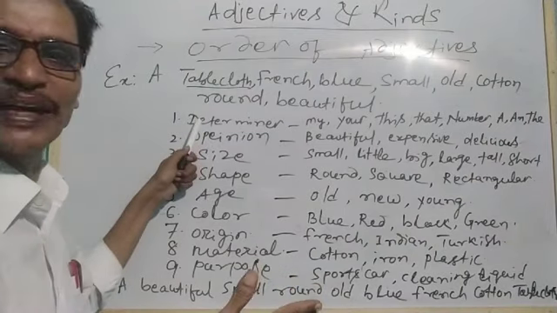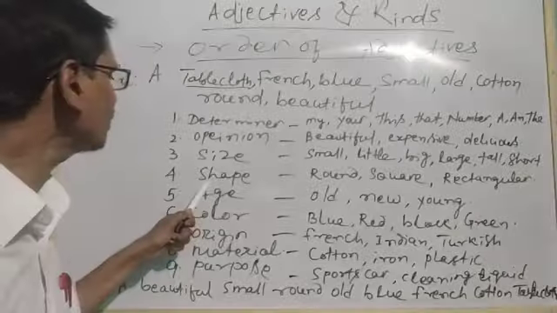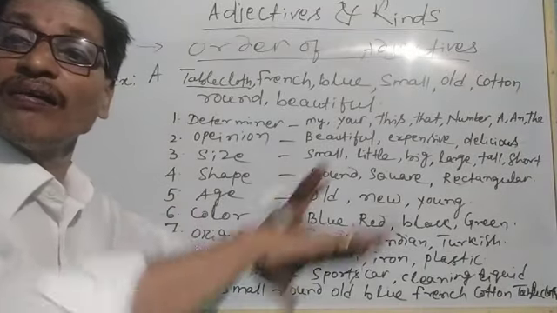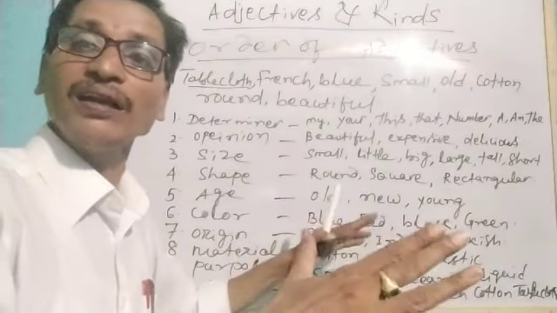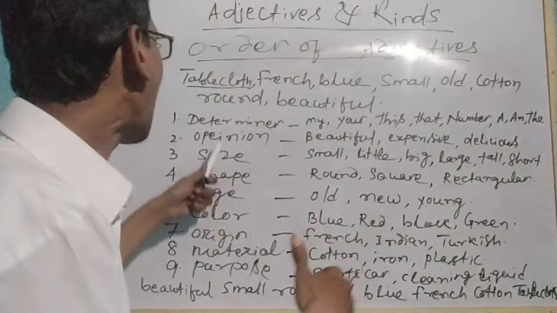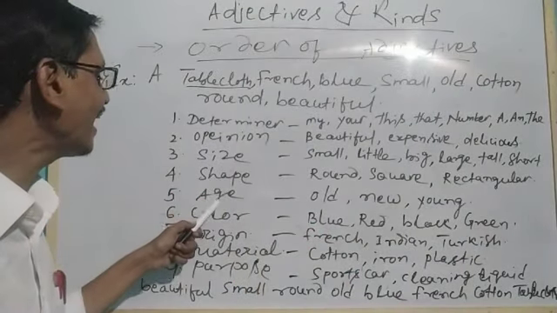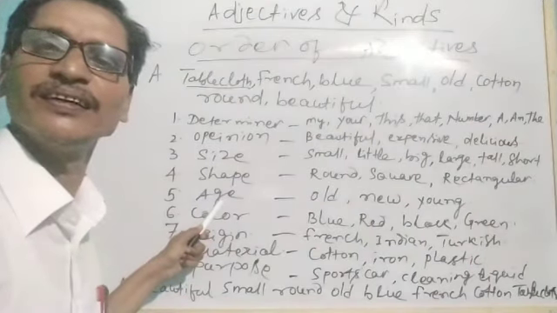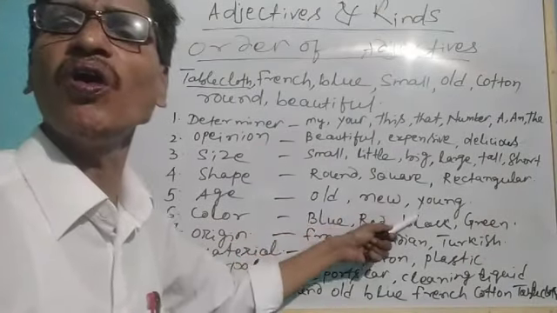First determiner, then opinion, then size. Next comes shape: round, square, rectangular. That comes after the size. Next comes age: old, new, young.